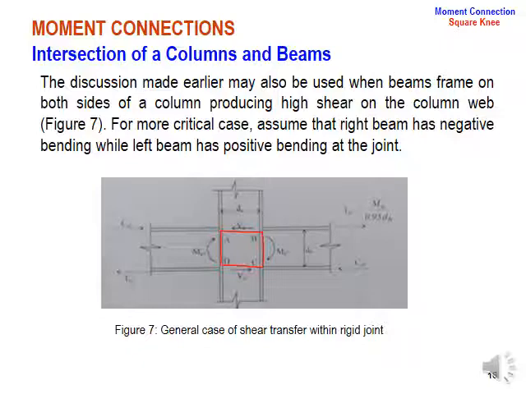We will do it similarly here. If the beam is crossing a column at one particular joint, the column is continued throughout and the beam is discontinued, so that particular part needs to be designed as a joint.